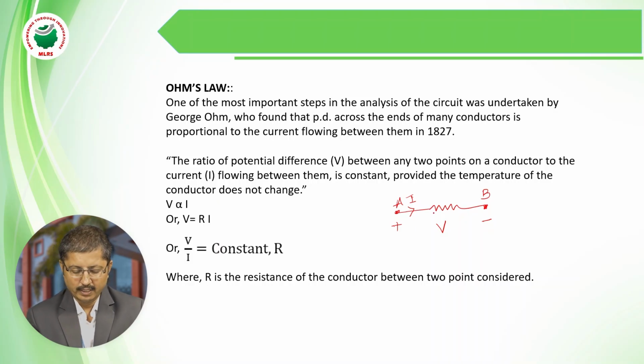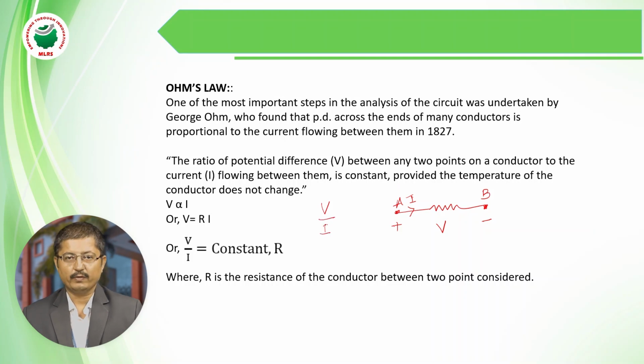So the ratio of potential difference between 2 points, that is V, to the current flowing between them is constant, provided the temperature of the conductor does not change. This is the definition of Ohm's law.